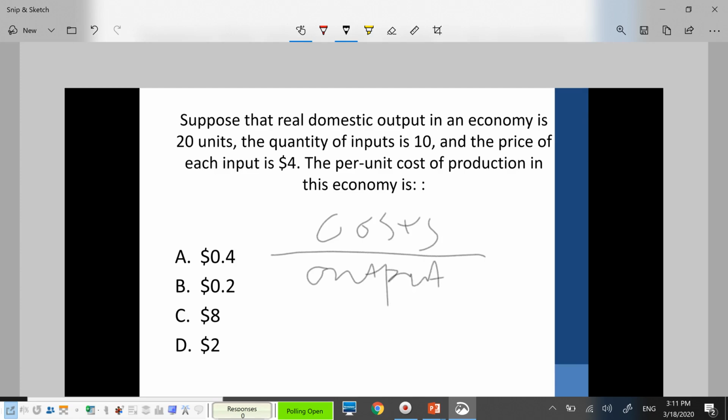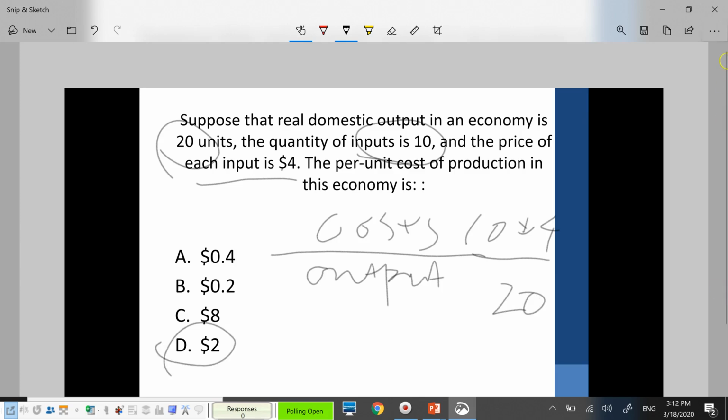So did they tell us the total production costs? It did not, but we can figure it out. It said that we're using 10 units of input, and each unit of input is $4. So 10 multiplied by 4 gives you $40, while output is 20. So D is the correct one.